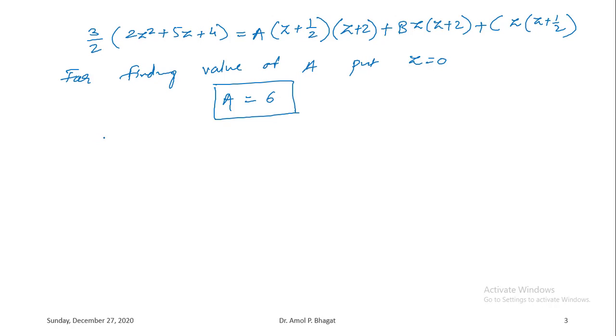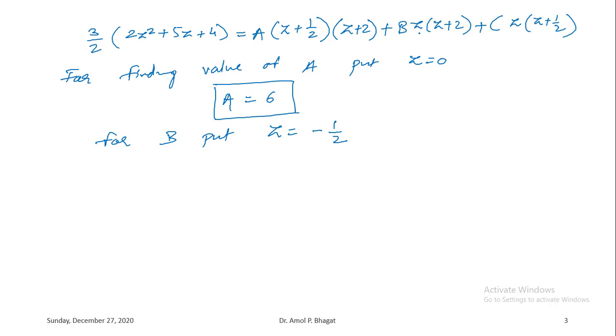Similarly for b, put z is equals to, what you will substitute, z is equals to minus 1 by 2 in the above equation, right? So if you are substituting z is equals to minus 1 by 2, so this term will be 0, right? As well as this term will be 0, only this term will remain, right? So what you have here, so 2 minus 1 by 2 will be there, right?